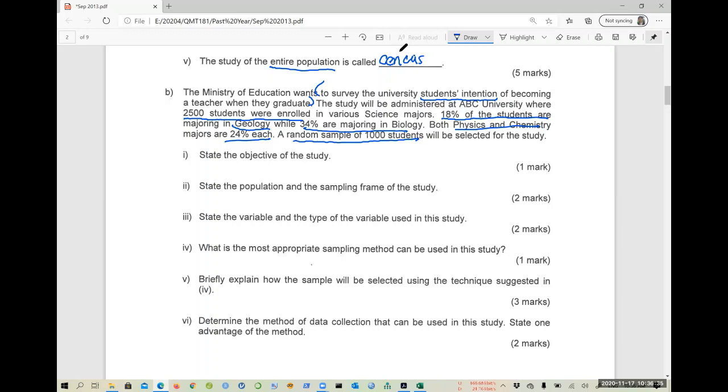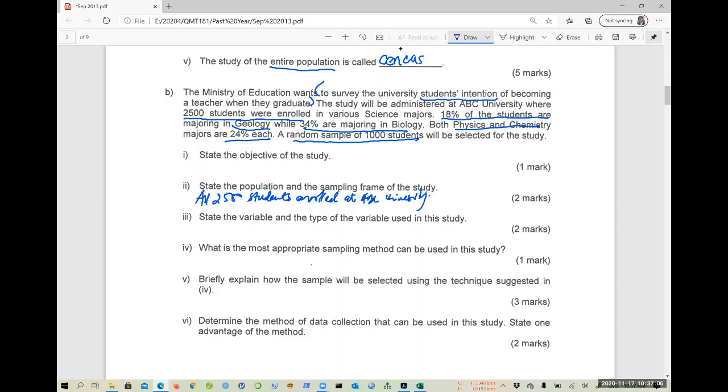So you can say all 2,500 students enrolled at ABC University.